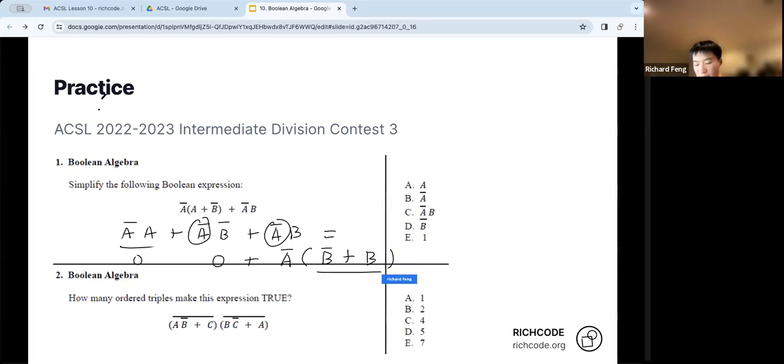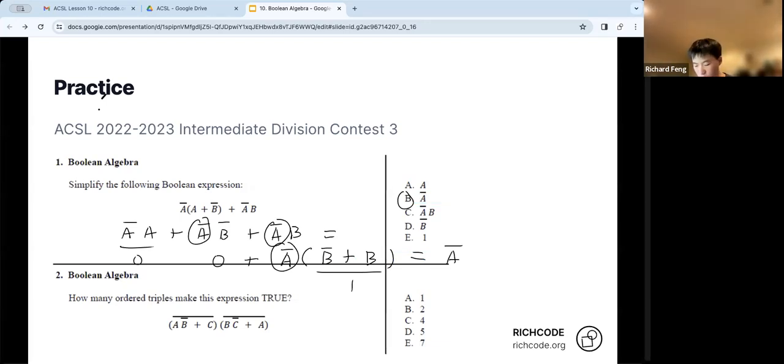So now we can evaluate the inside of the parentheses. This is always going to be 1 since we are ORing B and its complement. So the answer is just not A. So the answer for question 1 is B.